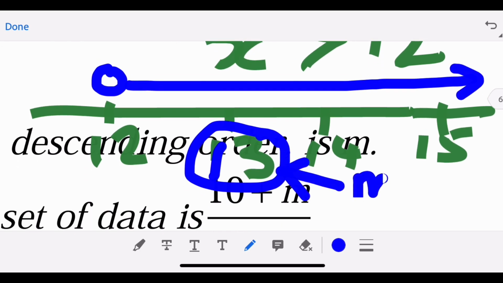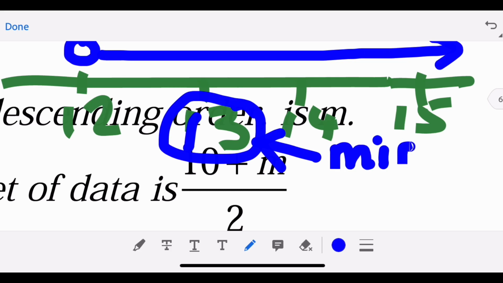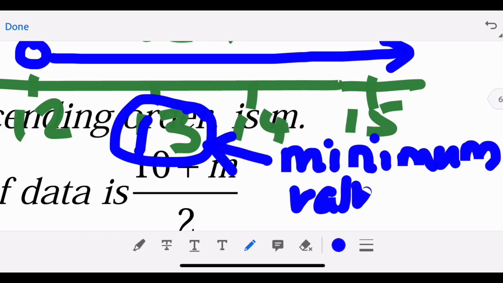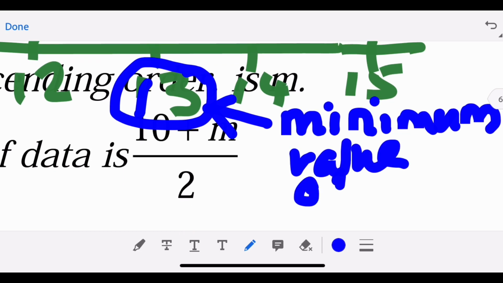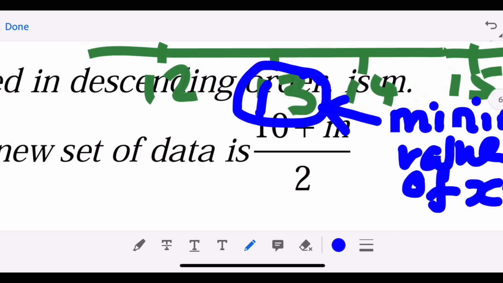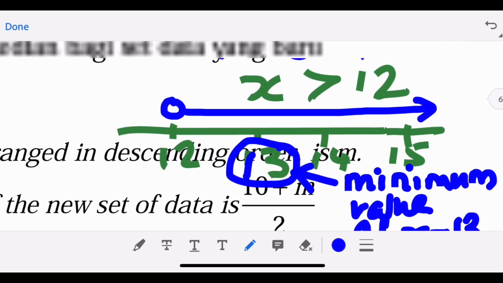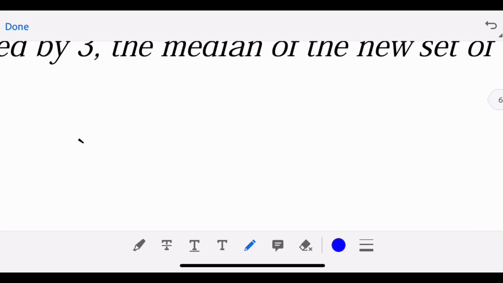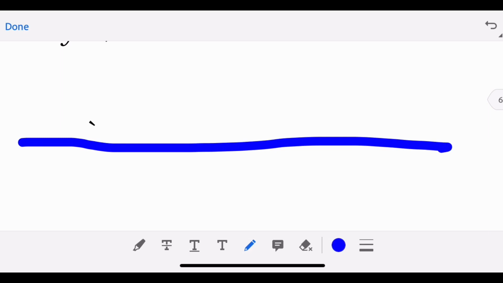So the minimum, the smallest value of x, should be 13. That's how you figure out the answer. The smallest value of x, or the minimum value of x, should be 13, not 12, not 14.